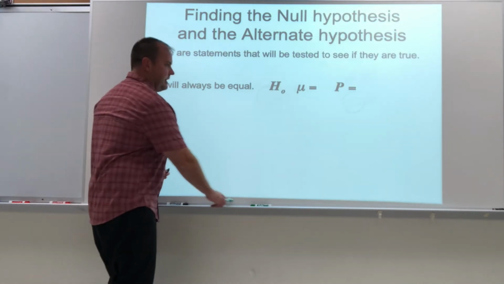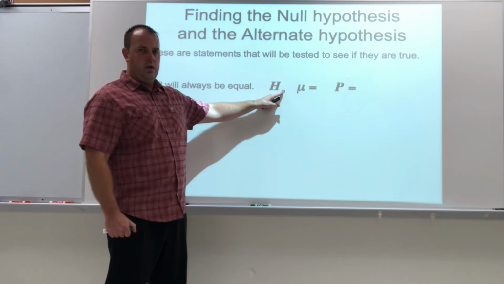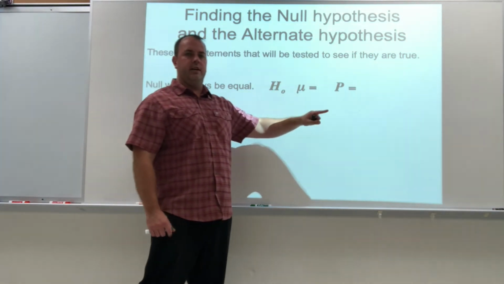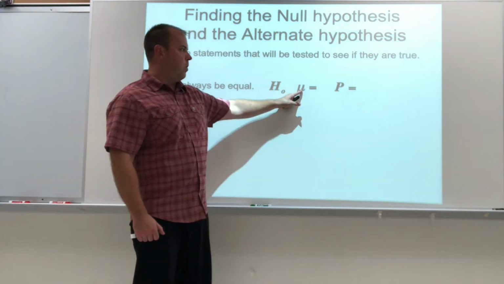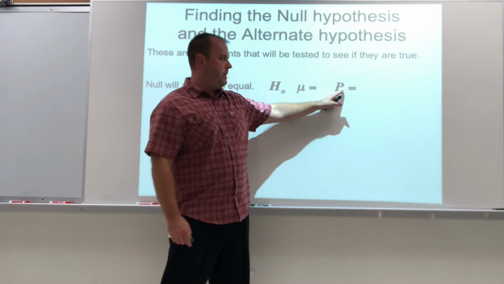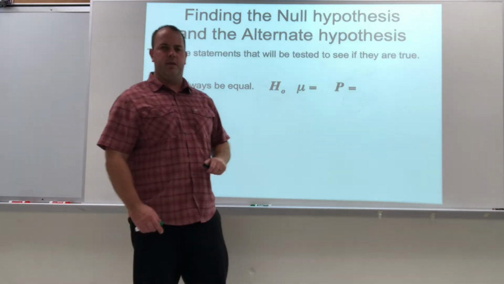So when you're writing these out, we have our null label, that H0, that's our null label. And then we have our scientific equation for either the mu, this is for average, and then P is for the proportion. Okay, you also might see pi for P as well.